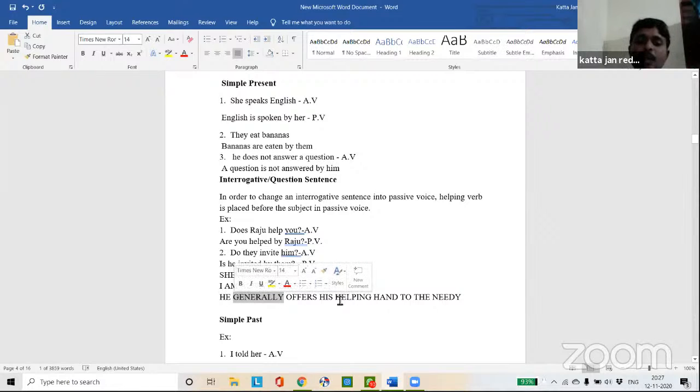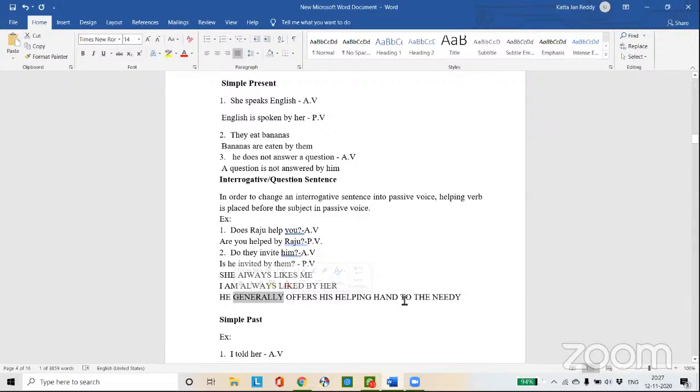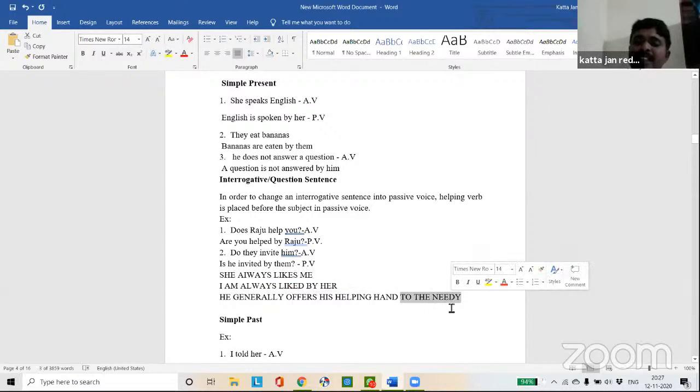Every other word or phrase is considered remaining part of the sentence. I already told you, it can be used after B form or before B form. But when something is given as remaining part of the sentence after the object or at the end of the sentence, we can also use the same at the end of the sentence in the passive voice. Okay, so let me change this one, right?